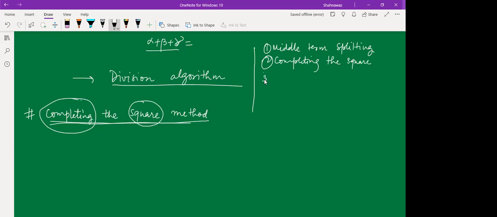And then you will learn about the quadratic formula or the discriminant. Right. So what was the question? x square plus 4x minus 5. Right.